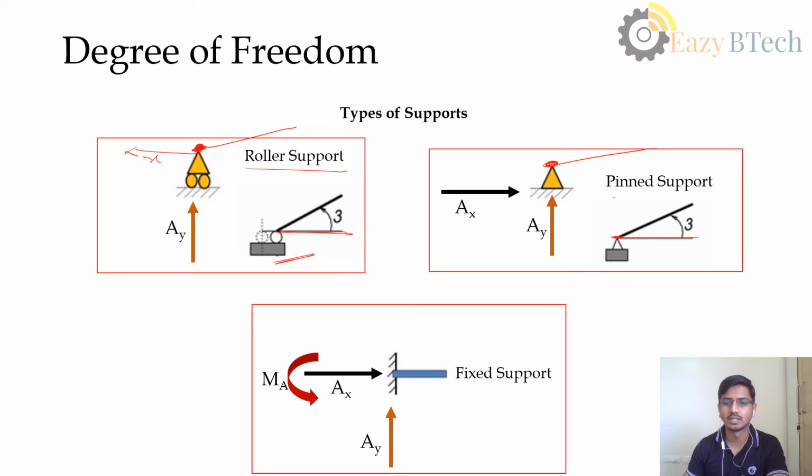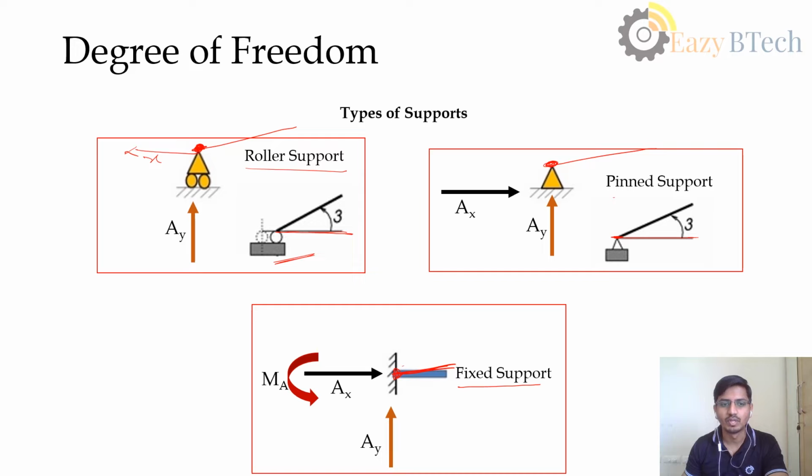Whereas the fixed support is restraining the node, preventing it from moving in any direction: horizontal, vertical, and rotation. Since it is preventing movement, the node or member won't move when it has a fixed support.